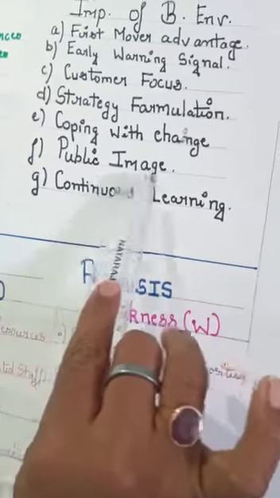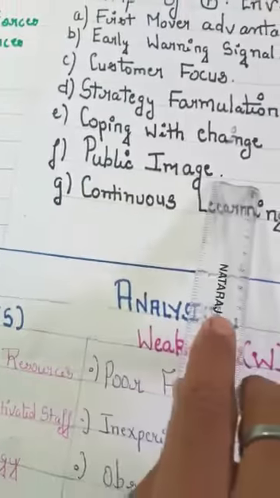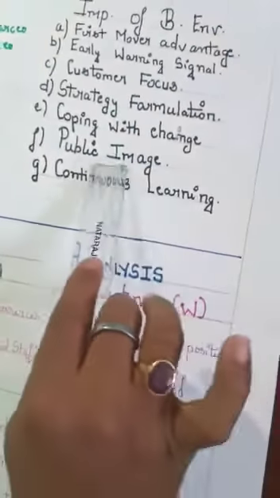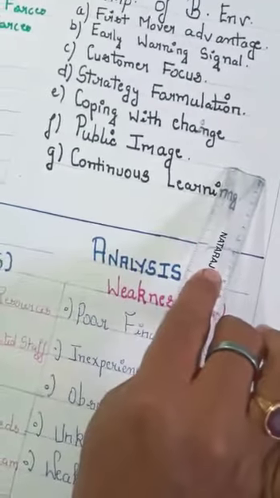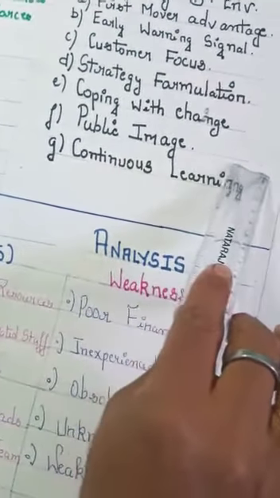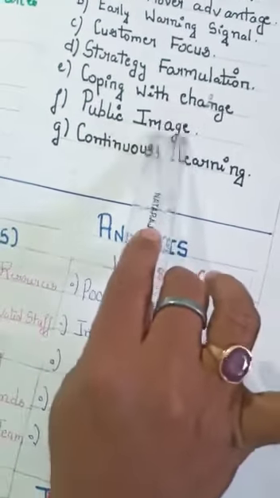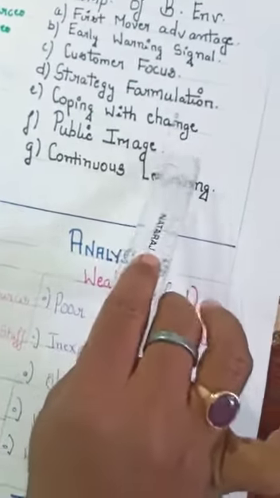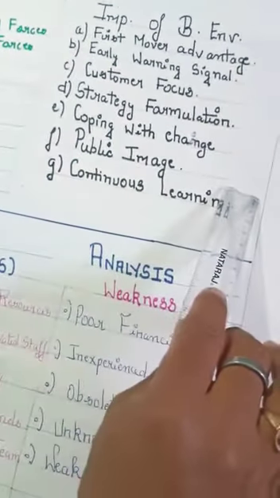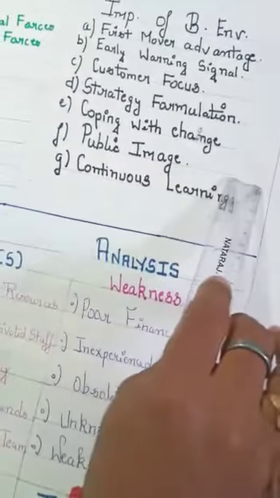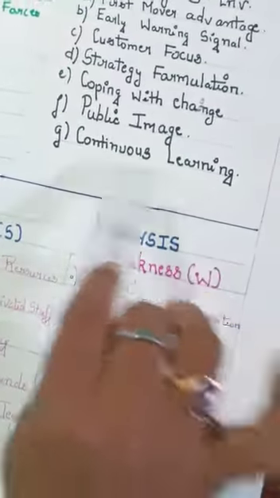Public image means that helps the companies to generate finance through various sources and be able to sell their products to the various stakeholders, particularly the customers. So this is also how business environment helps the companies to create their image among the customers to enhance their sale, income and profit. Continuous learning process.